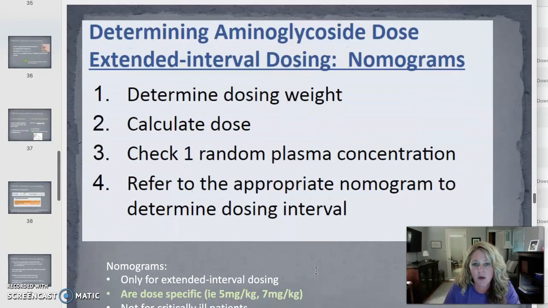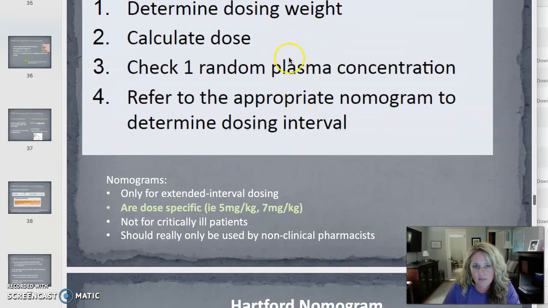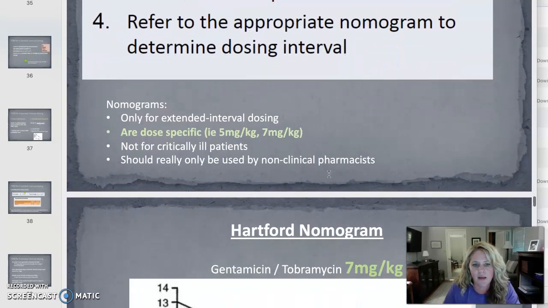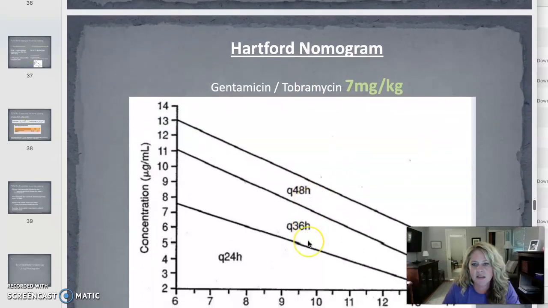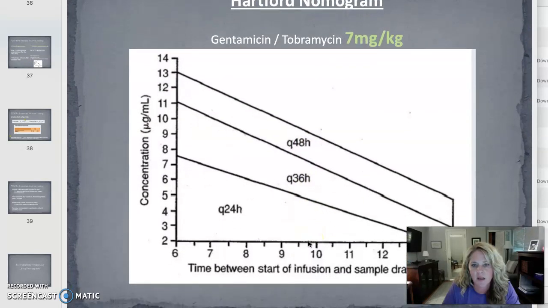If we're using nomograms, we need a dosing weight and we need to calculate the dose, and we're going to check 1 level. Okay, so these are nomogram specific doses. So there's a Hartford nomogram that's going to use this 7 milligrams per kilogram dosing. So we'll give them 1 dose of 7 milligrams per kilogram, and then we're going to draw a random level sometime on this axis.